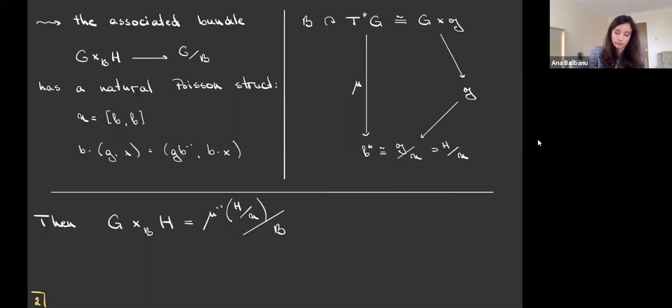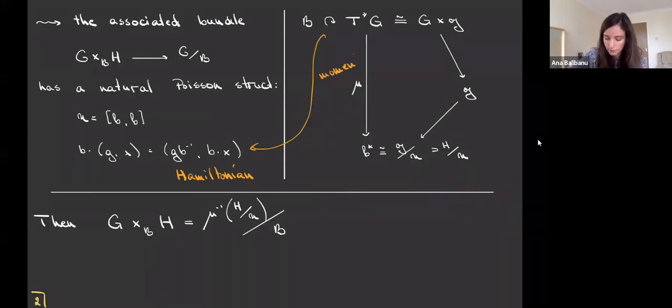On the cotangent bundle of the group, we have a left action and a right action of G. This restricts to what I'll consider to be the right action of the Borel B. This is a Hamiltonian action, and it comes equipped with a moment map that goes to the dual of the Lie algebra of B. Under the Killing form, I can identify this dual with 𝔤 mod the nilradical.